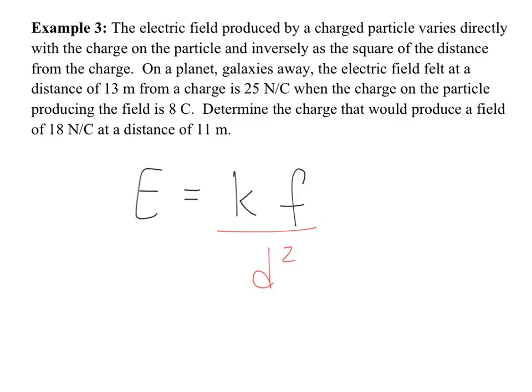Okay, so E is electric field, F is charge in this case, D is distance from the actual charge. On a planet galaxies away, the electric field felt at a distance of 13 meters, so 13, right in the denominator. Let me go back and emphasize this, because I think last year this was a problem that came up.